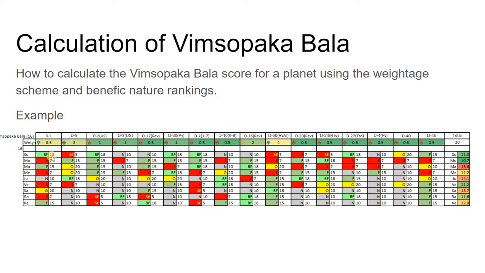So you add up all that, basically 5 into 3 by 20, 18 into 1 by 20, 10 into 1 by 20, add all of them together and get an overall score. And this overall picture is the general natal chart's entire Vimsopakabala position. But in case you want a specific number for that chart alone, you definitely see how it is getting distributed in that chart alone. When you want to weigh it overall, then you have to have the weighing factors also.